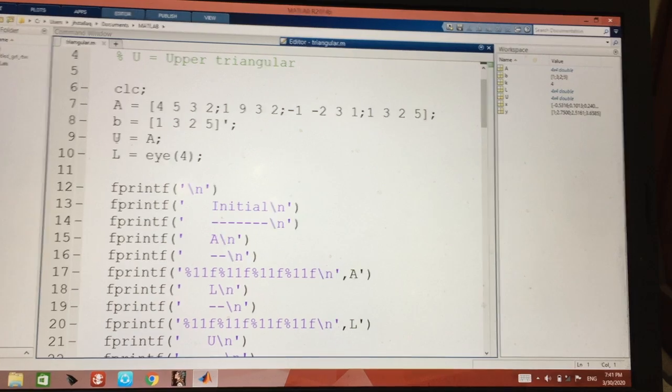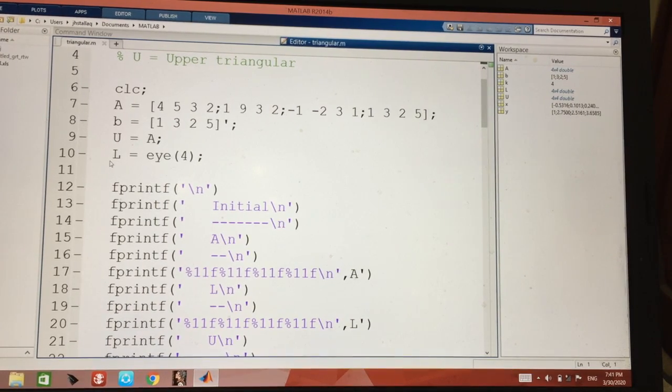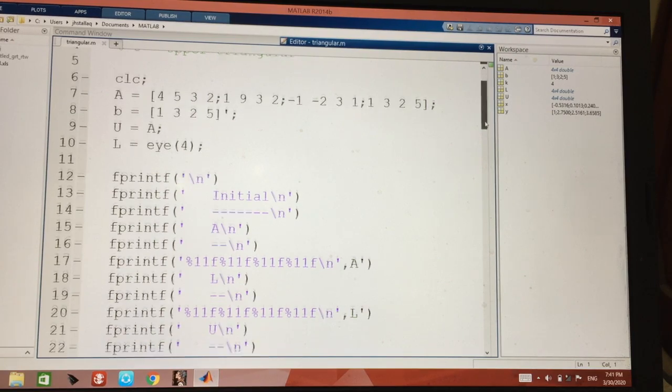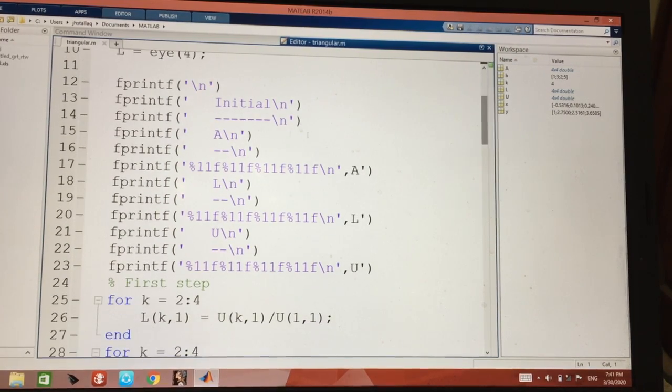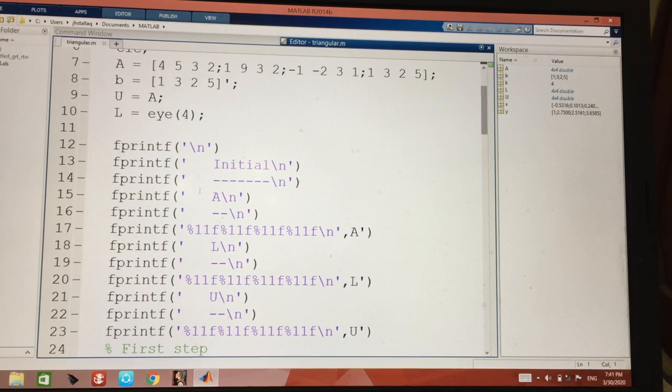We assume the upper is A and the lower is I, but this is not actually a lower, and this is not actually an upper, because we need to modify U until it becomes a full upper matrix. And again, this L, we want to modify it to become a full lower triangular matrix. So we print first the initial, then what is A, what is L, what is U. L here we made as I, which is the identity matrix, and U is A.